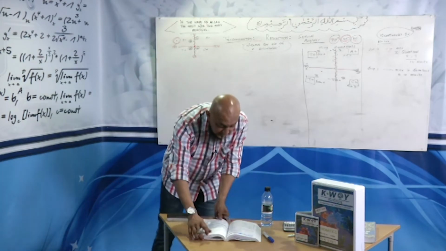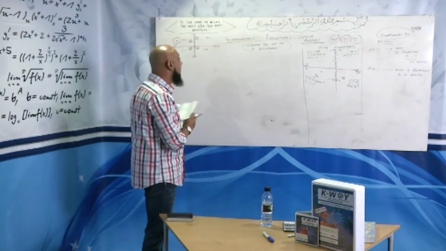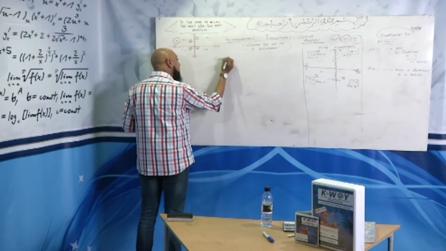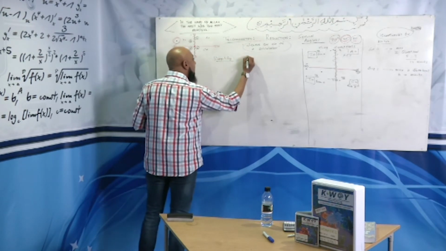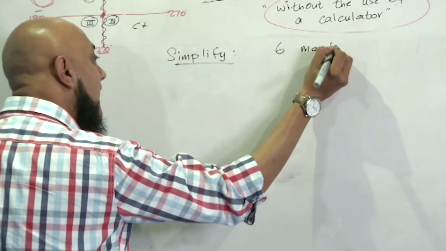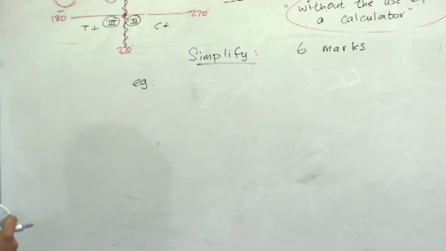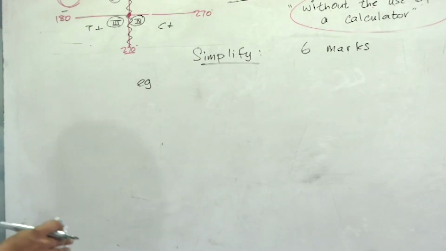Right. One of the problems that's given here, here's an exam type question. The question in the exam simply states, simplify, and 6 marks is allocated for this question. Here's an example, exam type question where we need to apply all our rules.